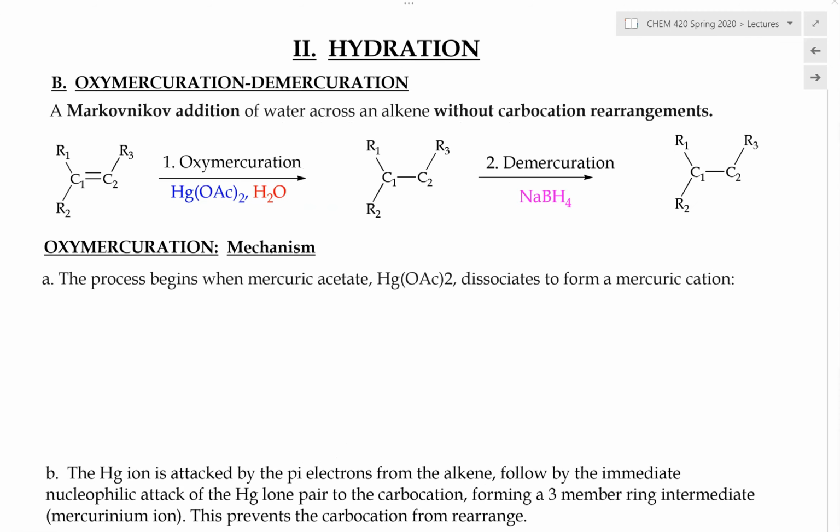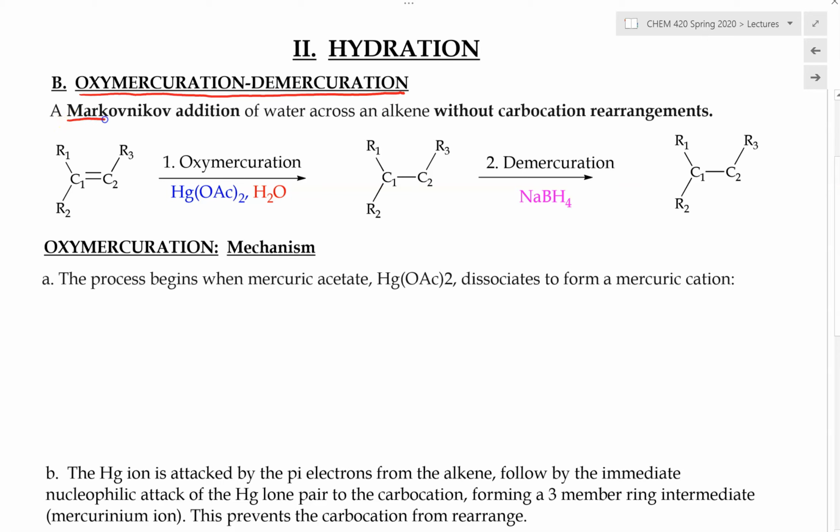And now we will discuss the second method of doing hydration, the oxymercuration-demercuration method. So again, this is an efficient method of converting an alkene into an alcohol. In the oxymercuration-demercuration method, it will also add the hydroxy group to the more substituted carbon.